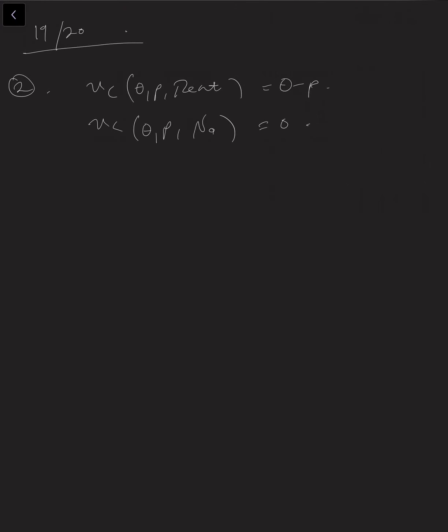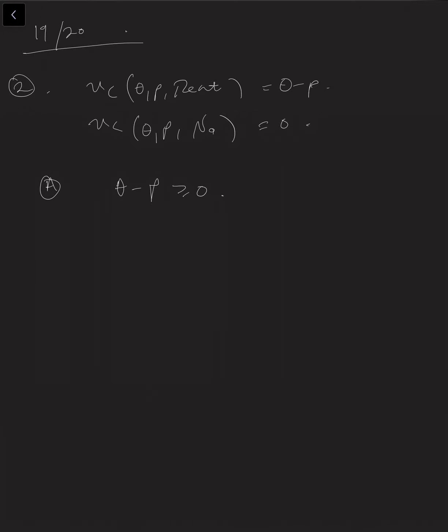Okay, so question 2, part A. For a given price P, which customers rent? Well, the utility a type theta gets from renting is theta minus P, and the utility they get from not renting is zero.